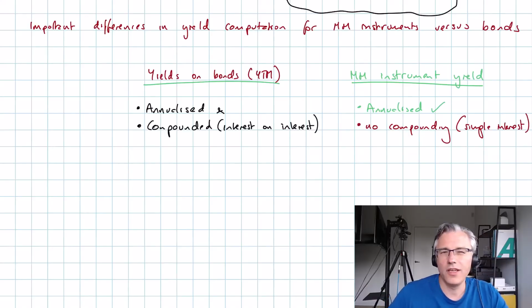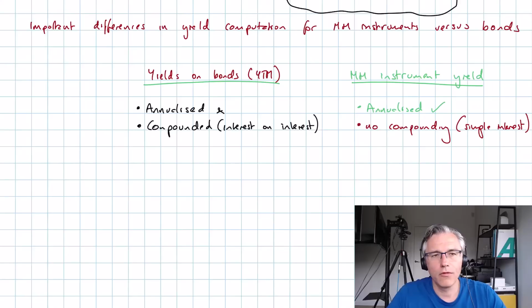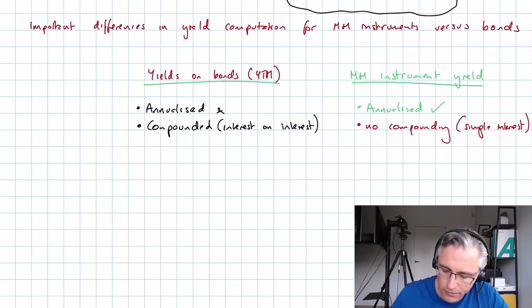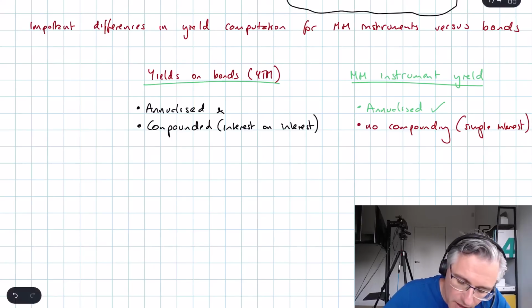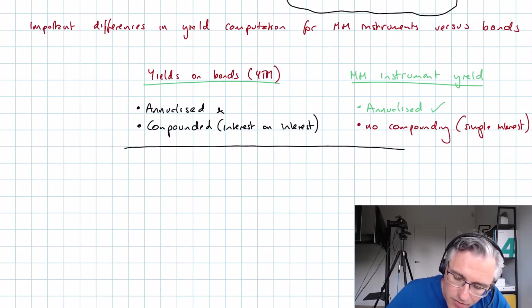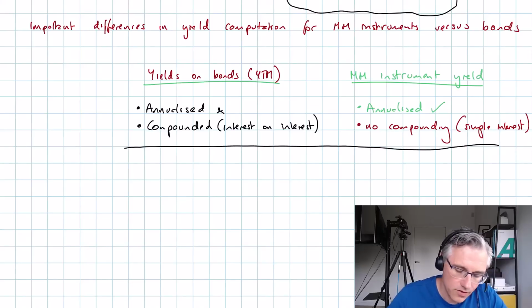And towards the end of the video I'll show you a way in which we can convert yields on money market instruments to a basis that is more comparable with bonds, where we will have an element of compounding using formulas that we've already encountered in previous videos. Okay, so that's one difference.